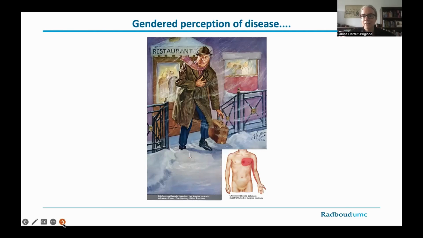Now, fast forward a number of decades, and we learned that not everybody has these symptoms, and that these symptoms can be quite different, especially if you are a woman, especially if you're a young woman. That doesn't mean that young women cannot have heart attacks with this kind of presentation, but the likelihood, especially of young patients, to not have these symptoms, but rather other symptoms like dizziness or feeling out of breath or nausea or back pain is much higher than in the typical elderly male.